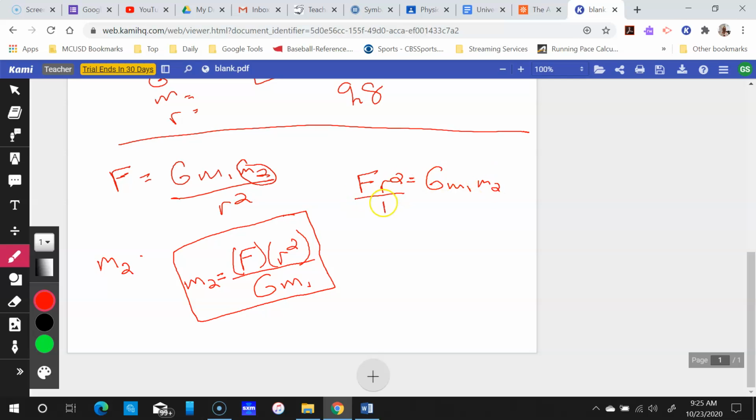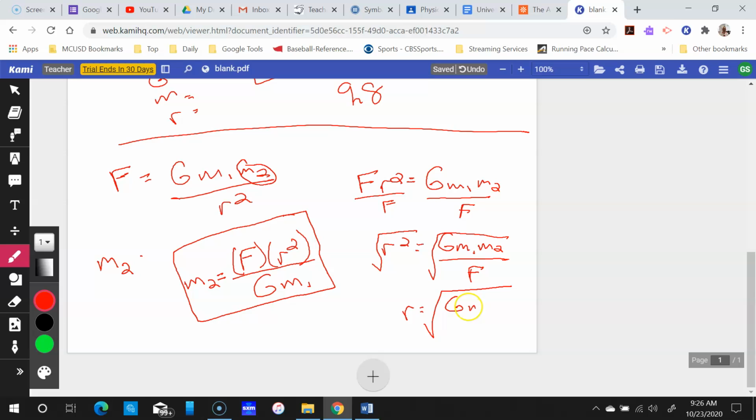Now you have to divide through by F. So now you have R squared equals G M1 M2 all over F. And the last step you have to do, since you want to get rid of the square, is ultimately you have R equals the square root of G M1 M2 all over F.